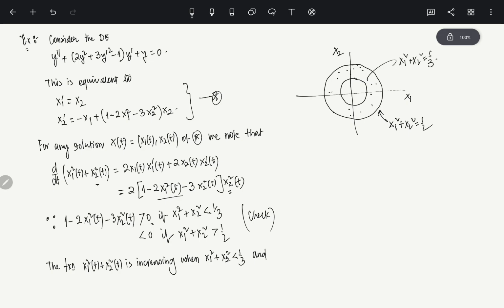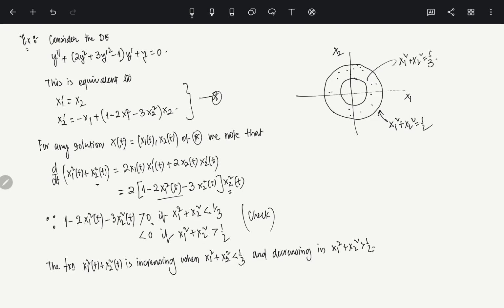So the function is increasing in that region, and decreasing in the region x1 square plus x2 square greater than half.